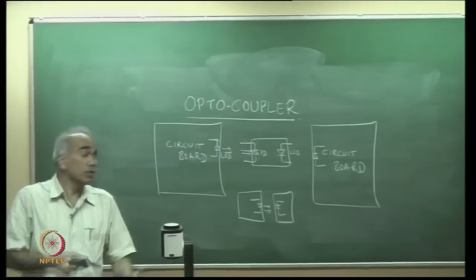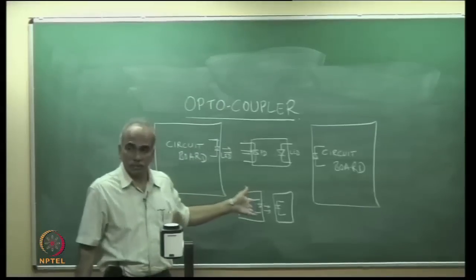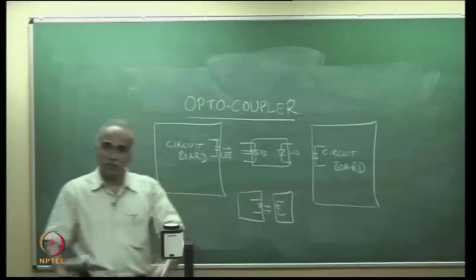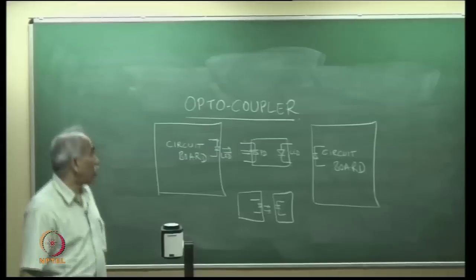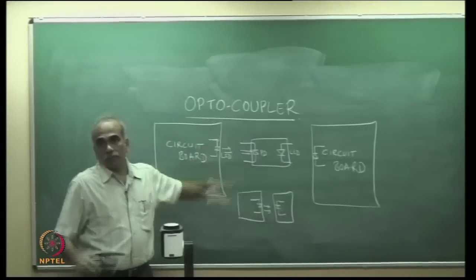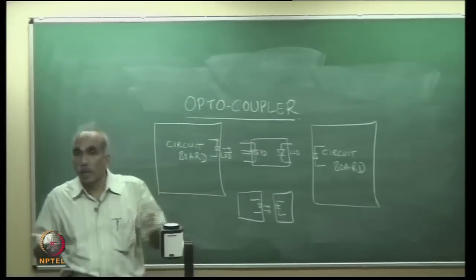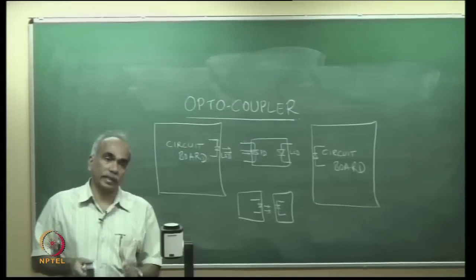This was in the early 70s, and today again free space optical communication has become very important, and optocouplers have come in a big way for high density optical interconnects.